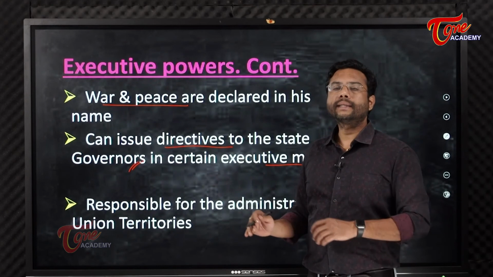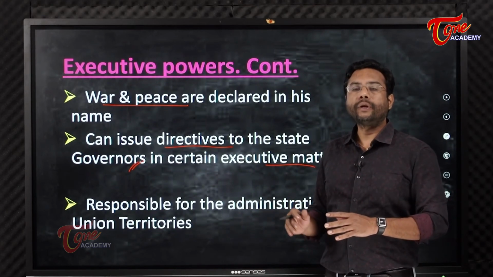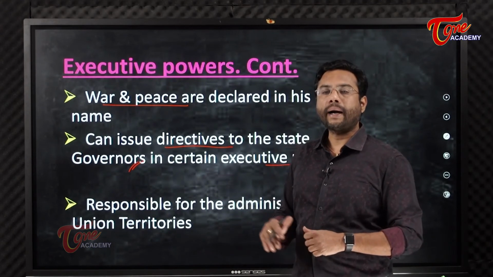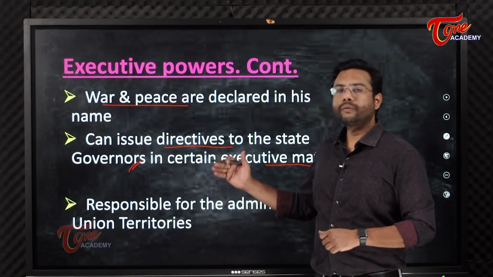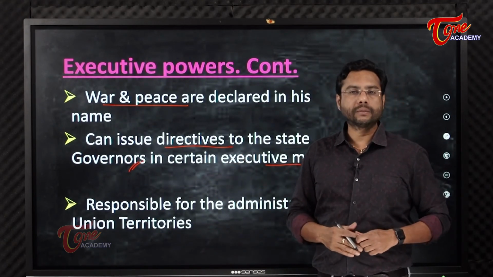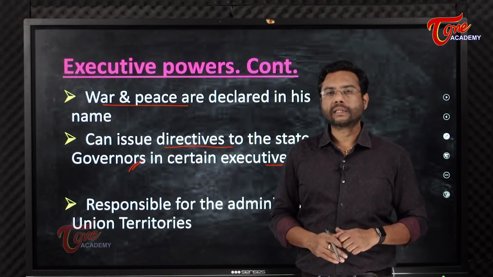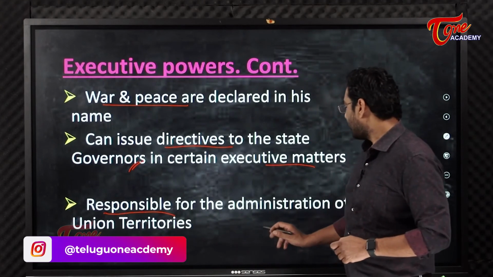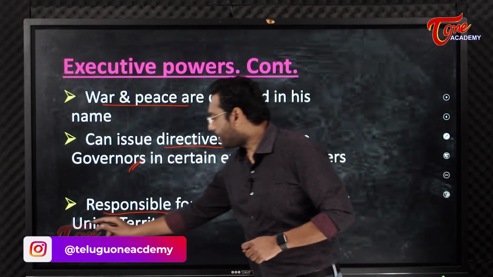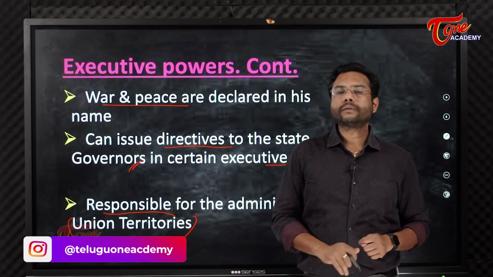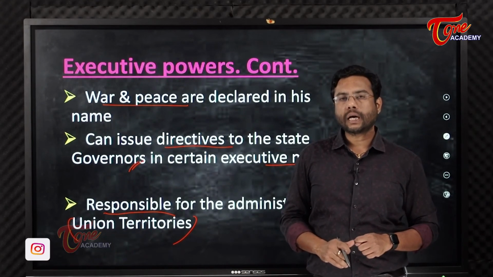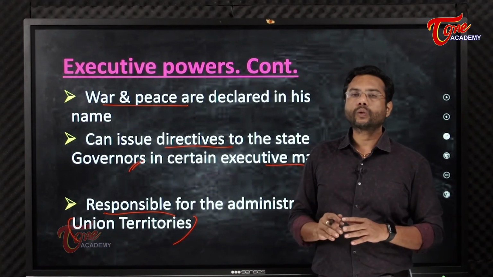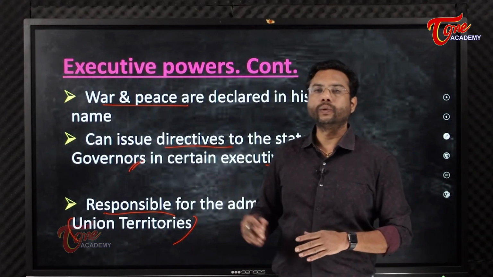We also say that there are many bills which are kept for the consideration of the President by the governor. This we would be also discussing when we discuss the legislative powers. And the President is responsible for the administration of union territories also. As we said, the President would appoint the lieutenant governors in the union territories, and union territories are directly administered by the Union.